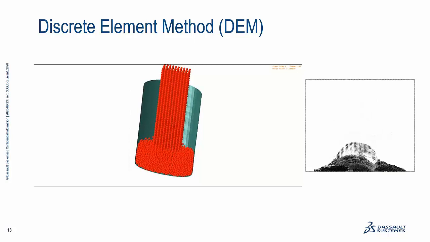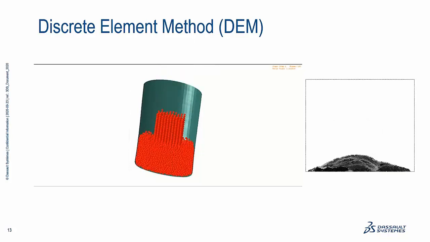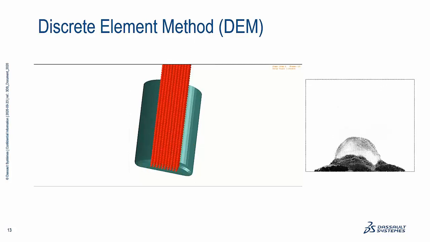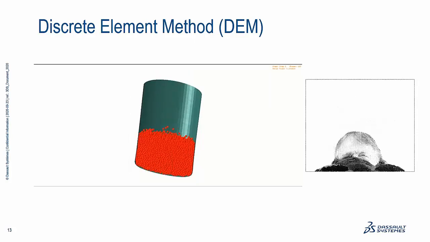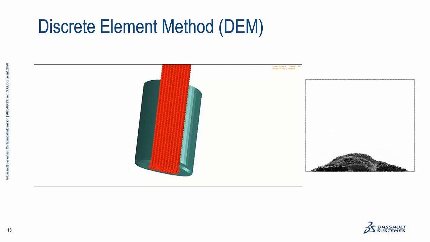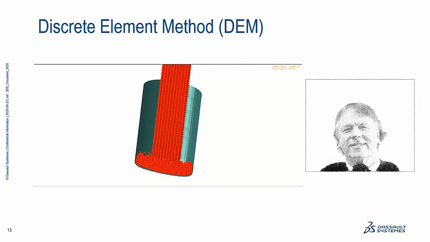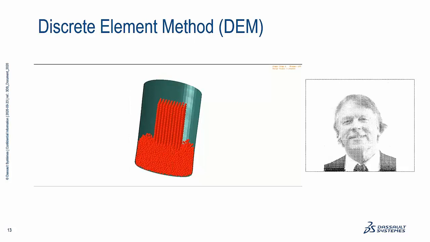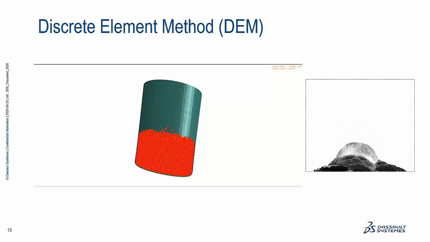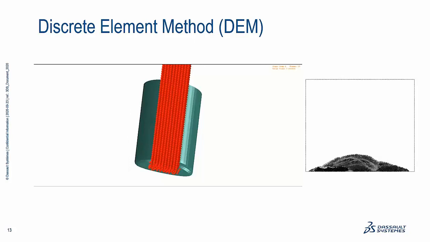What you're seeing on the picture on the right is one of the original authors of the discrete element method watching one of his pictures collapse into a heap of particles. So the difference between one of the things that DEM can model that is not well handled with SPH is, for example, aggregates or granular materials such as sand. Very well handled with DEM, not as well handled with SPH.